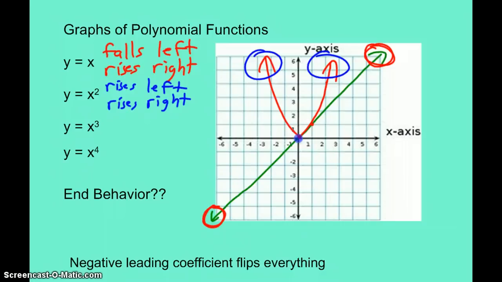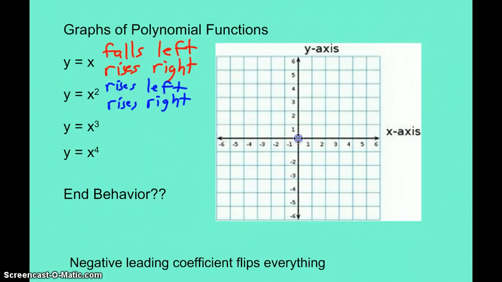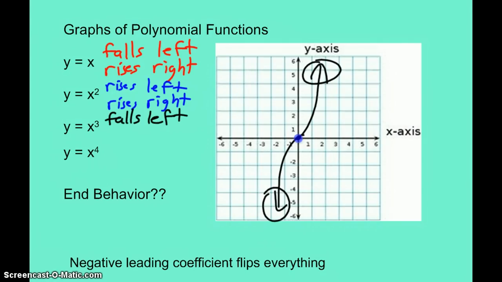Now, x cubed and x to the fourth we might not be familiar with quite yet, but you could graph those in your calculator. But to save time, we're just going to look at y equals x cubed as being very similar to a parabola on each side, except the negative side goes down. So therefore, when you look at the end behaviors here, again, we're leaving the screen falling to the left and rising to the right.